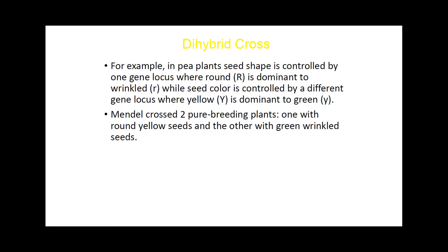So in this case, we have 9 being the round yellow seeds: 9 round yellow seeds, 3 round green seeds, 3 yellow wrinkled seeds, and 1 green wrinkled seed out of 16.